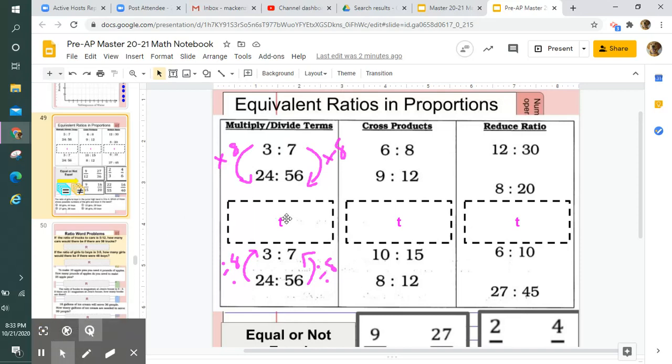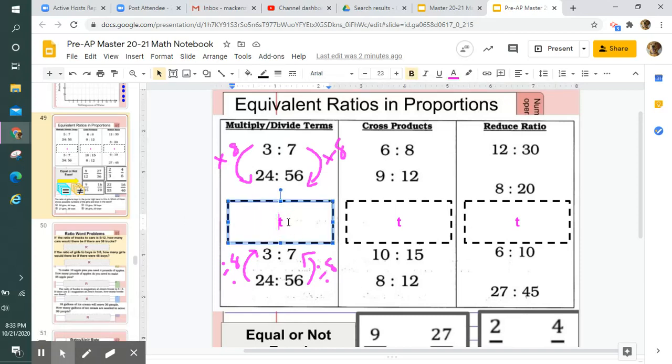In our text box here, we're going to write a little description for ourselves. We're going to say we are going to look for a relationship where we can multiply or divide.